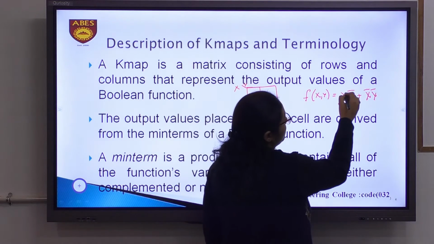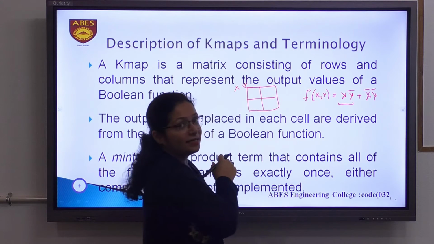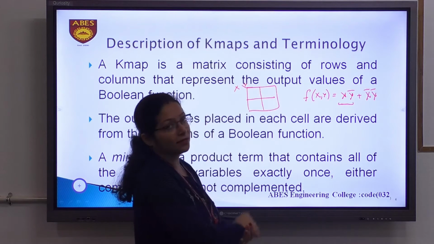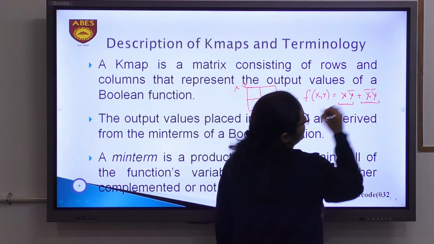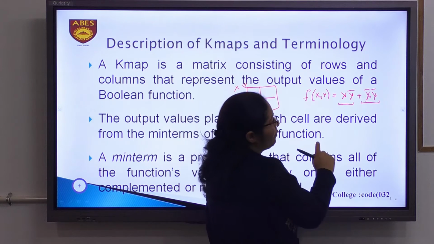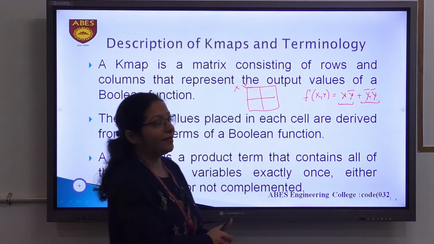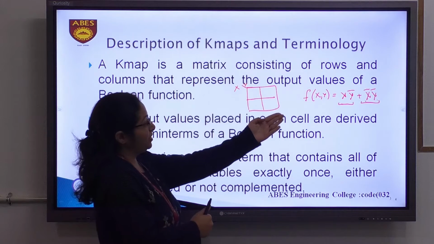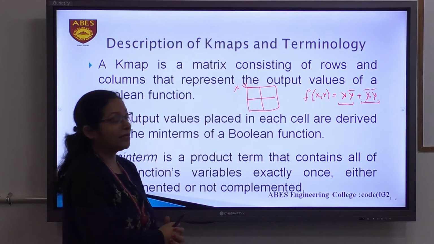This minterm will be placed in one of these cells. We will show how these cells are created. And then another minterm is this one, where the variable x is in the complemented form, as well as the variable y. So this expression can be solved with the help of a matrix known as K-map.